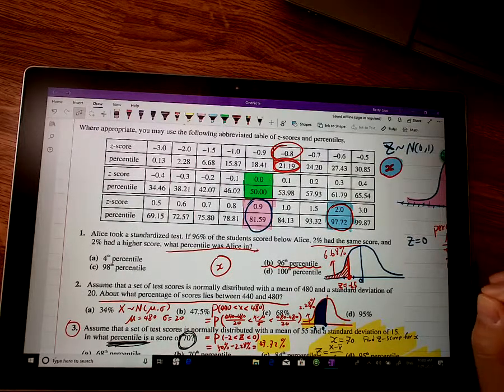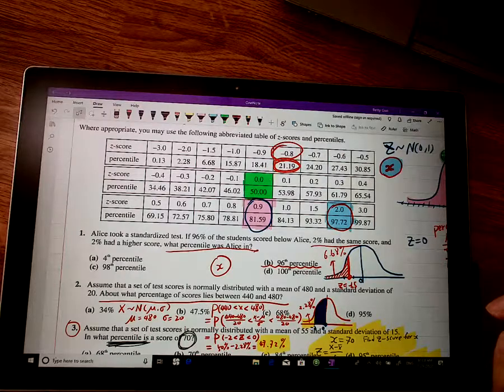Alice took a standardized test. If 96% of the students scored below Alice, 2% had the same score, and 2% had a higher score, what percentile was Alice in? This problem tests your understanding of the percentile. We covered the percentile in a previous video.